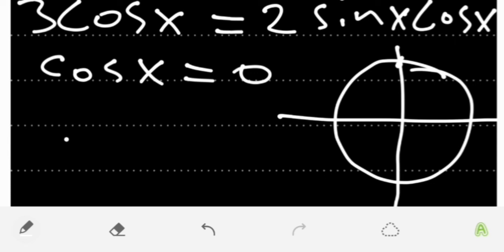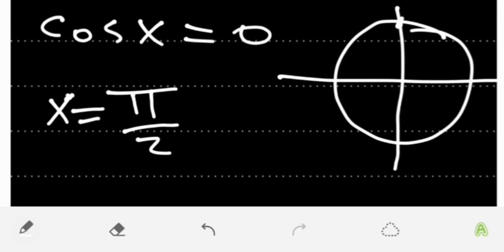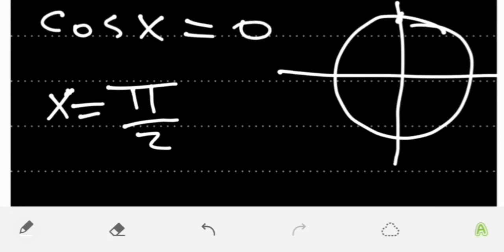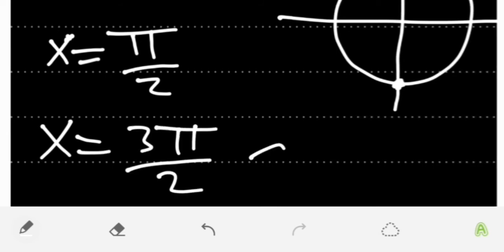When x equals pi divided by 2, we have it 0, right? Because cosine of pi divided by 2 is 0. But it is also 0 when it is over here, right? And when it's over here, it's x equal to 3 pi divided by 2, remember? This is the same as 270 degrees, okay?